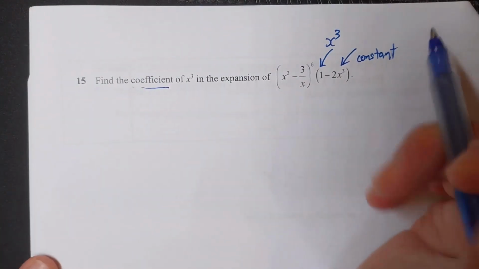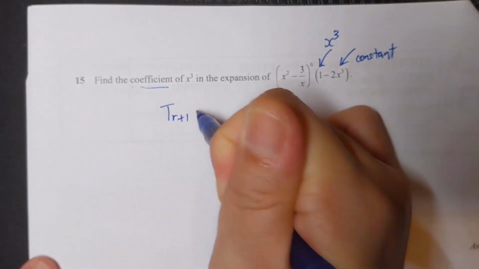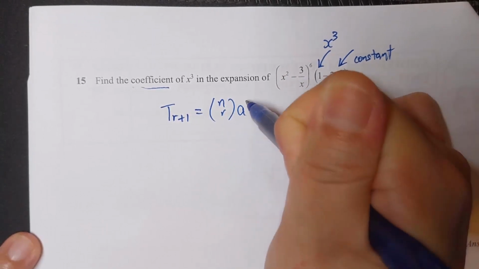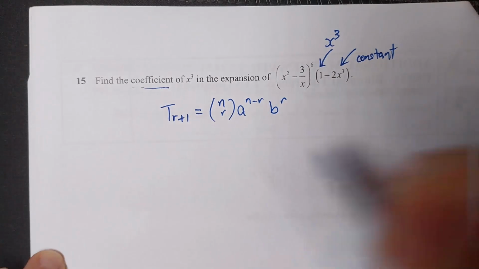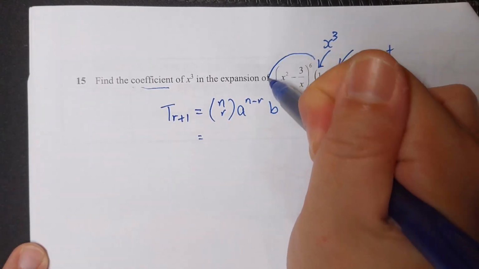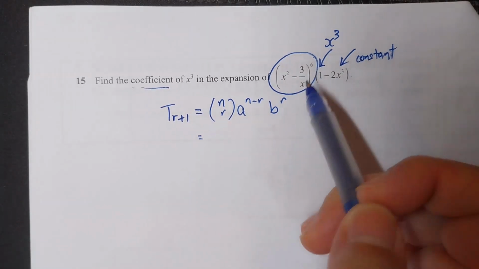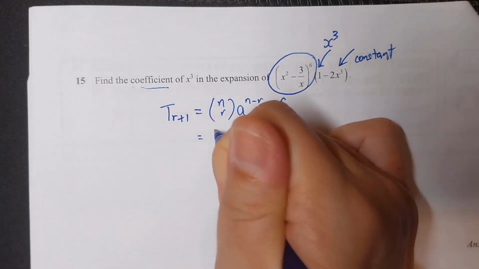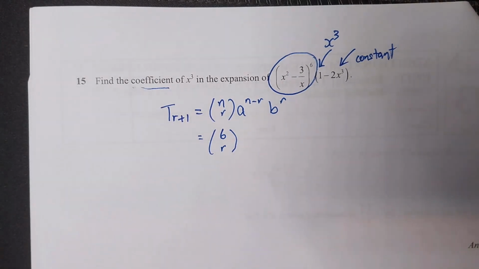So foremost, let us use the general term, which is n choose r, a power n minus r, b power r. Okay. So we will first find the general term for this. n is actually 6. r we do not know yet. All right.